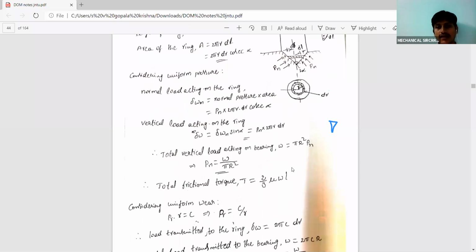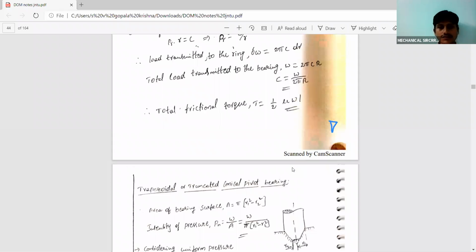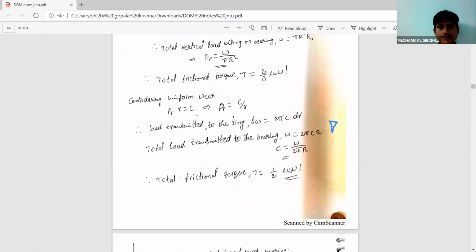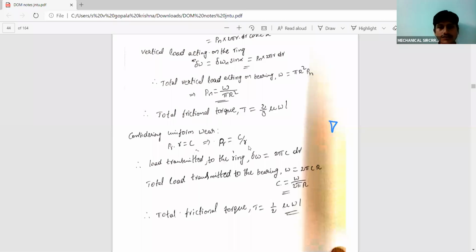Similarly, we calculate the value considering the uniform wear point of view, so Pr equals a constant C. The load transmitted to the ring is del W equals 2 pi C dr, and the total load acting on the bearing is W equals 2 pi C r, integrating over r.